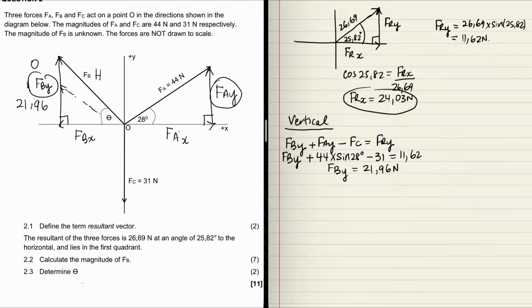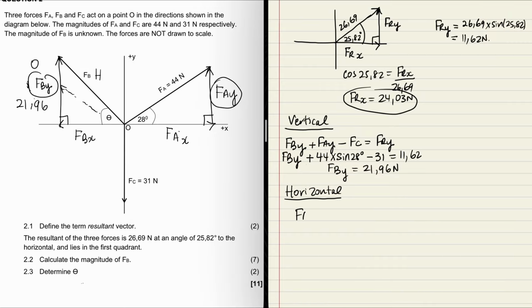Now we repeat the process for the horizontal components. Now FC will not have any horizontal components because it's acting straight down. So FAX minus FBX, because they act in opposite directions, is going to equal 24,03. Now I'm saying FAX minus FBX because the resultant is to the right. And since FAX is to the right, I'm keeping right as my positive direction.